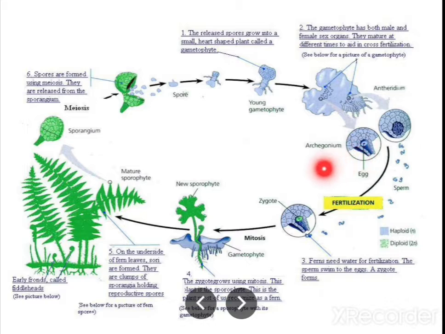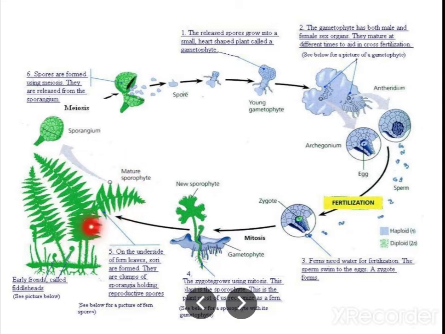The gametophyte contains archegonium and antheridium. Archegonium produces the egg, and antheridium produces sperm. On fertilization it forms a zygote, and the zygote later develops into a new sporophyte. Like that the life cycle continues.